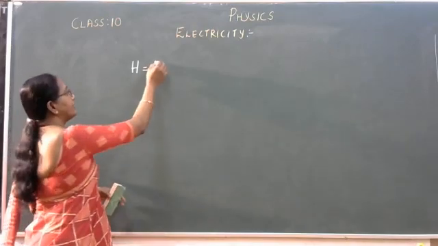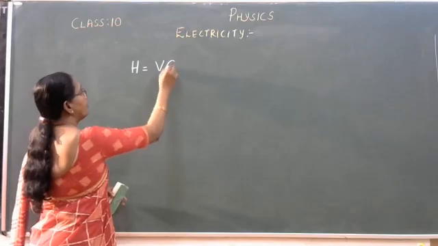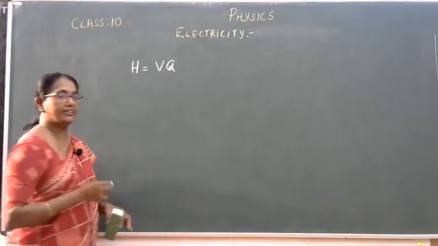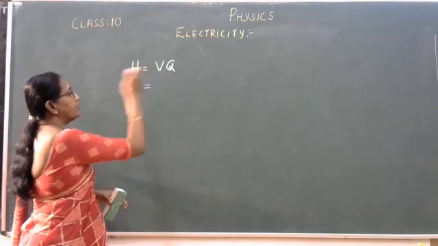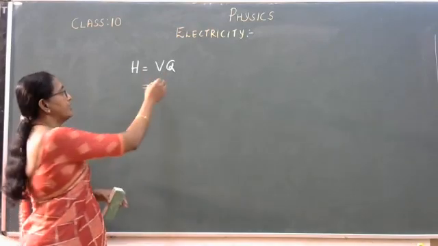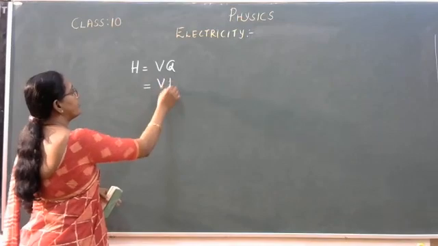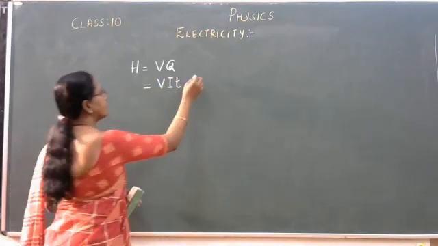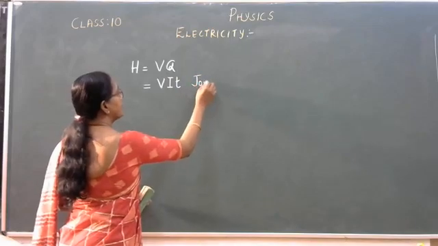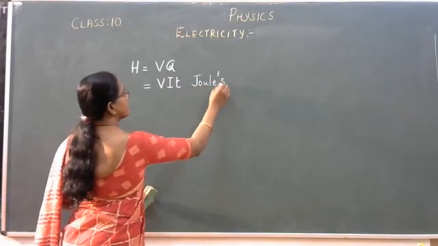So we can take that equation as V into Q. This is nothing but Joule's heating effect. We learned that Q is I into T. Therefore, H is equal to VIT. This law is called Joule's heating effect.